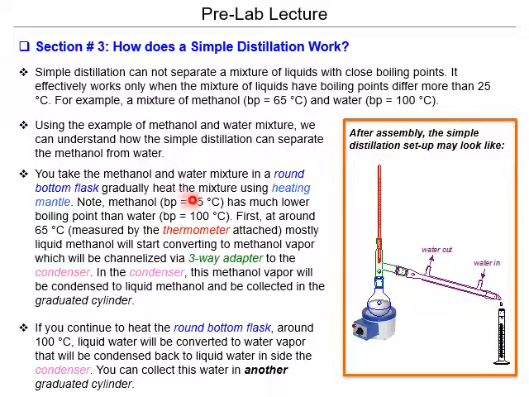So note, methanol has a much lower boiling point than water. So first, at around 65 degrees Celsius, it's a key thing to note because heating is always going to have irregularities, especially with more complicated setups.